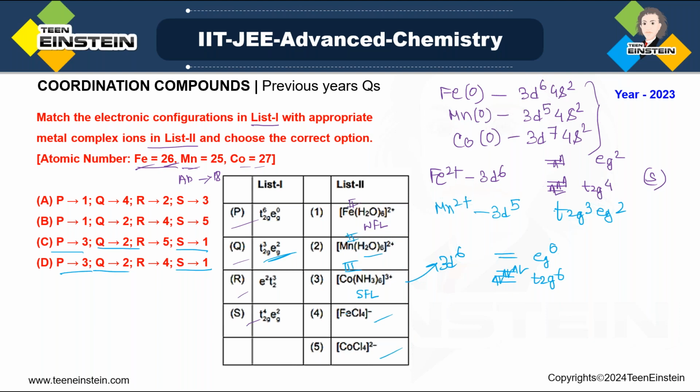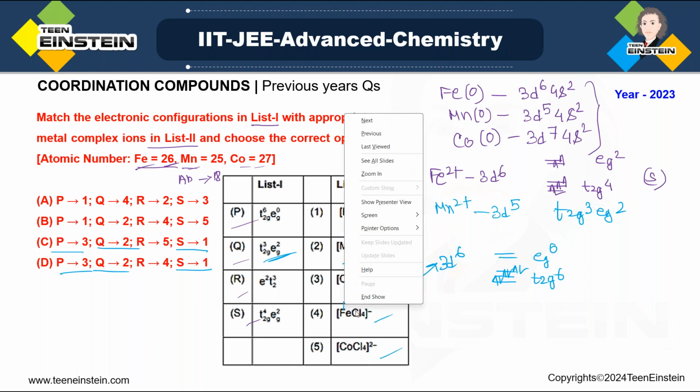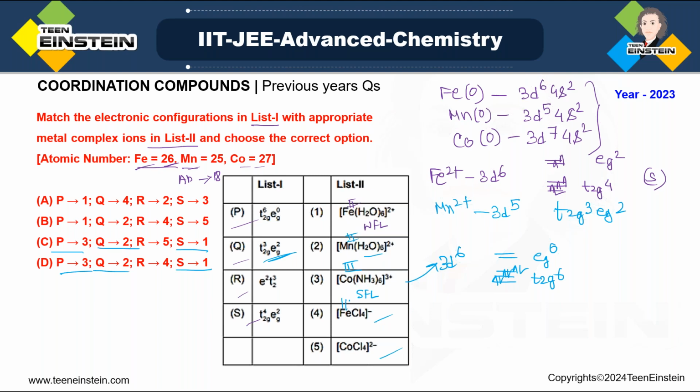Here is iron FeCl4 minus, with the charge outside the coordination sphere. That means the oxidation state of iron is 3 plus: 3 positive charge, 4 negative charge, 1 negative charge extra. When iron is 3 plus, it is basically a 3d5 system, and we have a weak field ligand here.